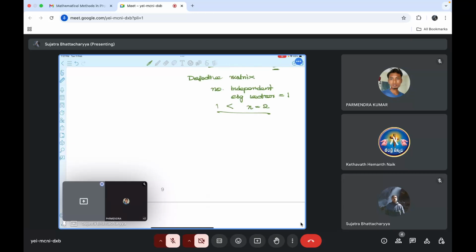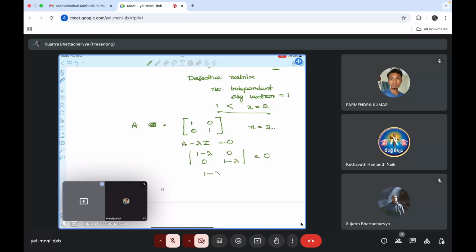Let me show you. If you have the identity matrix, for example, it is a square matrix having dimension n is equal to 2. Correct? And if you perform the eigenvalue operation, that is, the determinant of A minus lambda I is equal to 0, then you will get the determinant in the form 1 minus lambda, 0, 0, 1 minus lambda, and put that equal to 0.